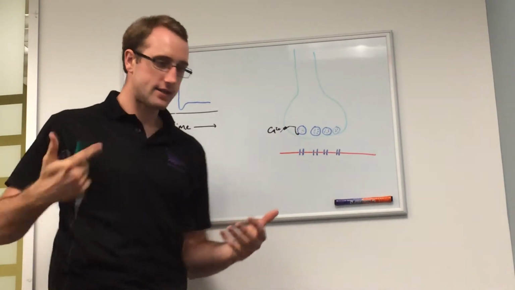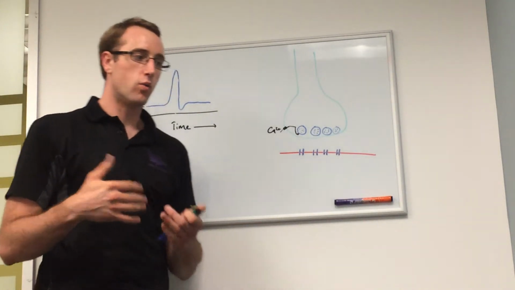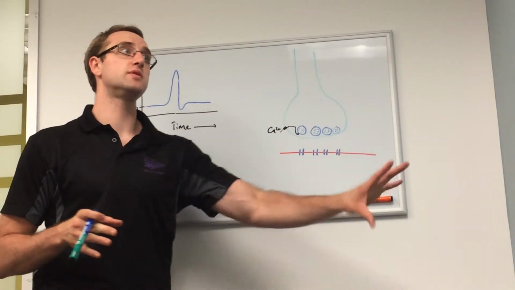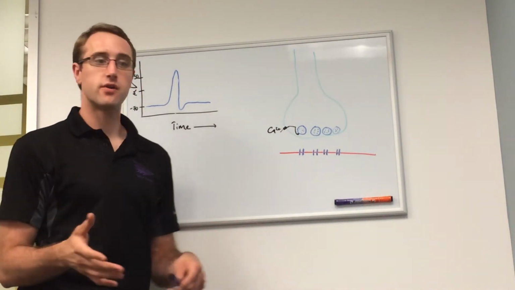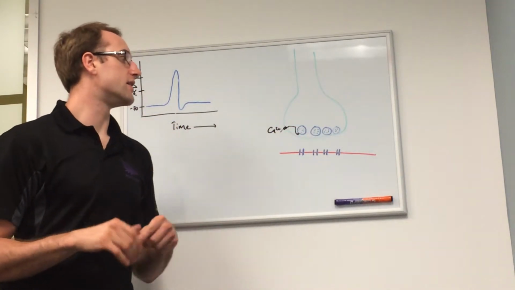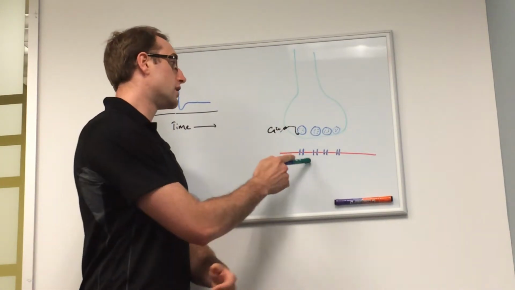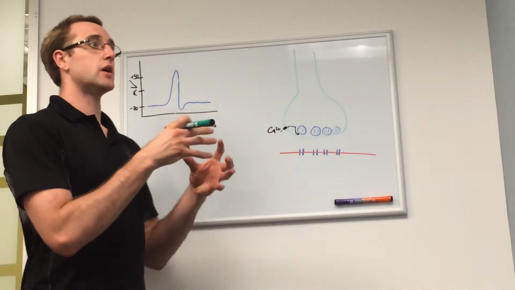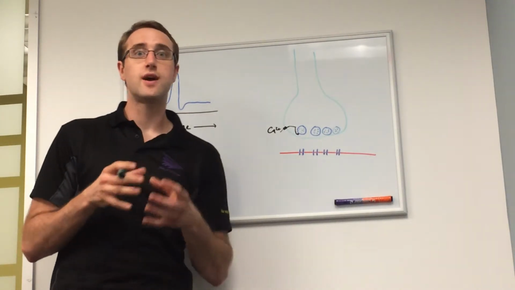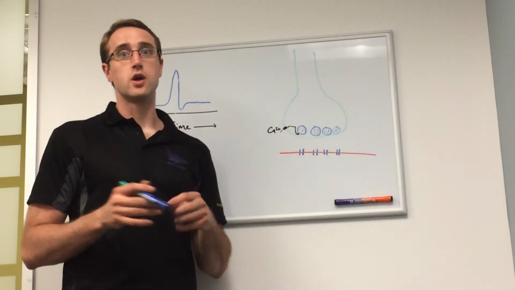So why is this important for what we were talking about before? Well, when an action potential propagates down the axon of a nerve, when it gets to the end of that nerve, it will release acetylcholine to the muscle cell. Now, the bigger the nerve fiber, or the faster the nerve fiber, the more acetylcholine will be released.